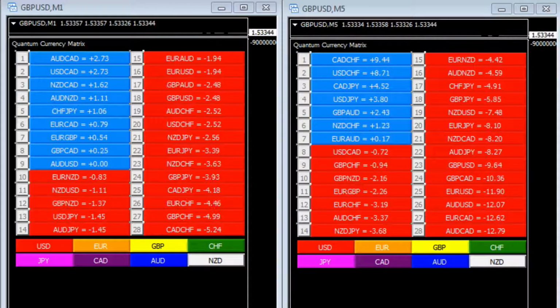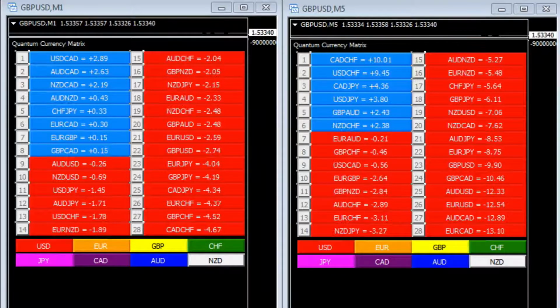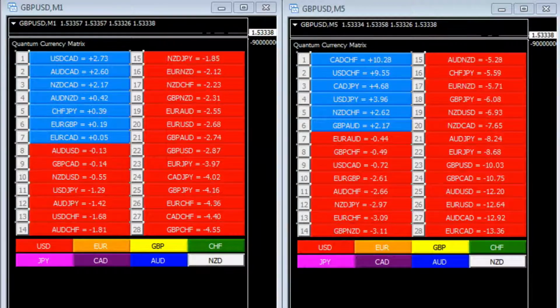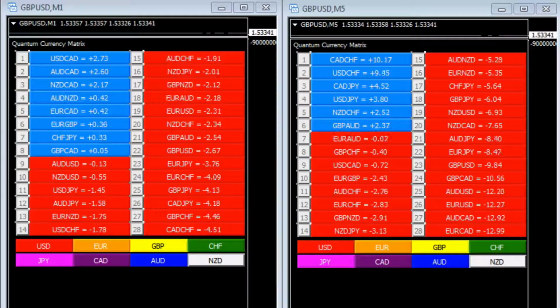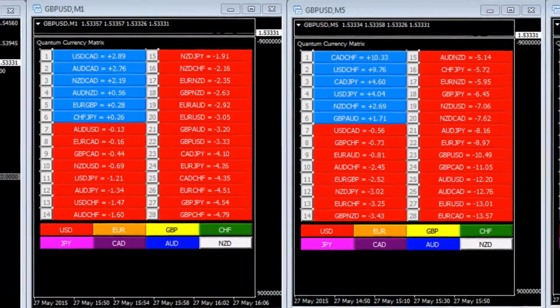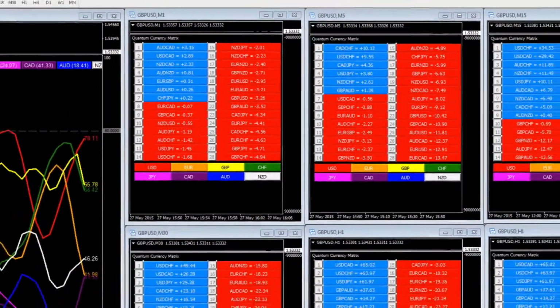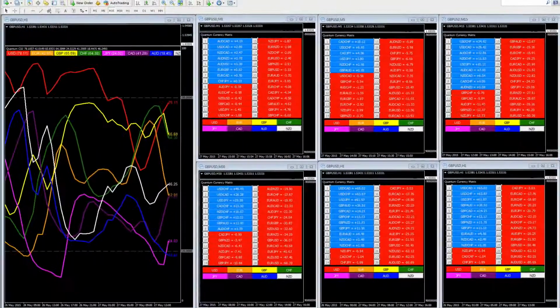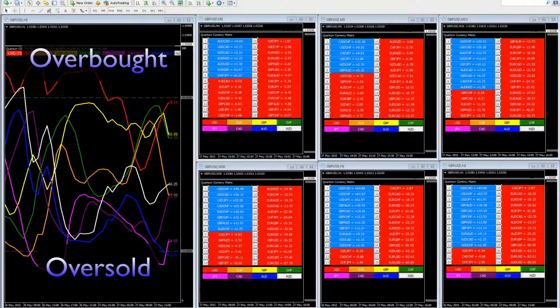Why do we look at the extremes first? To answer this question, the simplest example is to consider the currency strength indicator. If you've ever used such an indicator, then you'll know that currencies move from overbought to oversold and back again in all time frames. And the same principle applies here when we consider the currency matrix.